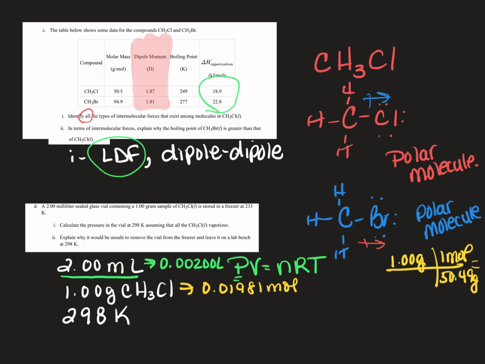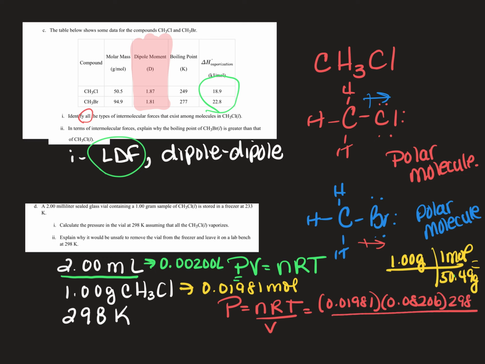So I'm going to go ahead and solve for P as nRT over V. n is 0.01981, R is 0.08206, T is 298, divided by 0.00200 liters.